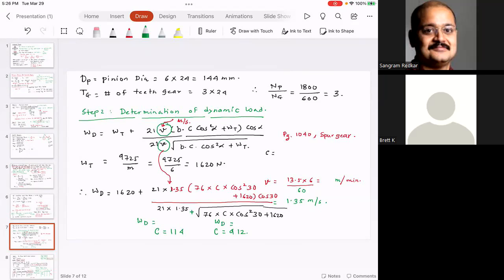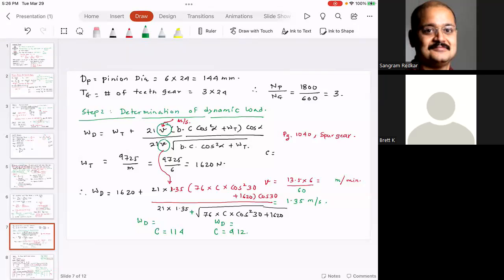So I would encourage you to do this exercise and tell me two different values of WD just once. That way, next time when you do it, you know what approach to follow. So just do this one for me and tell me WD for these two different values of C. Online students, did you understand?